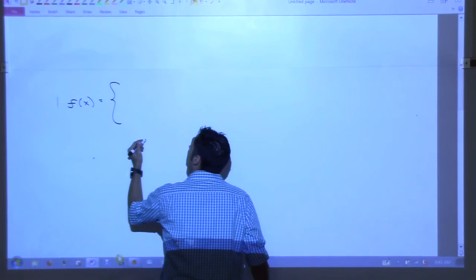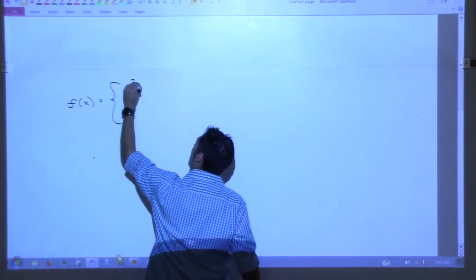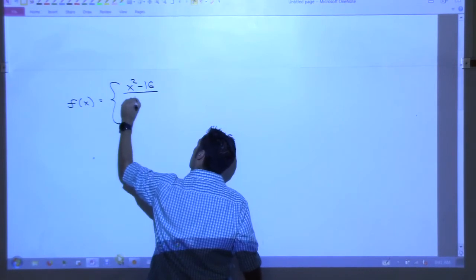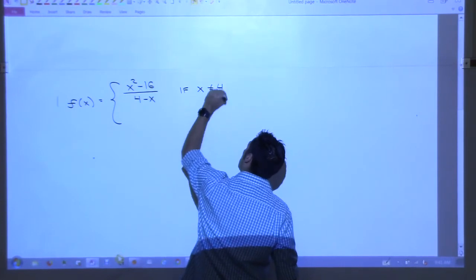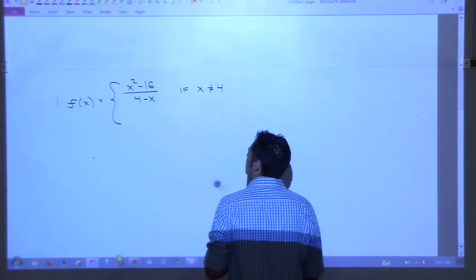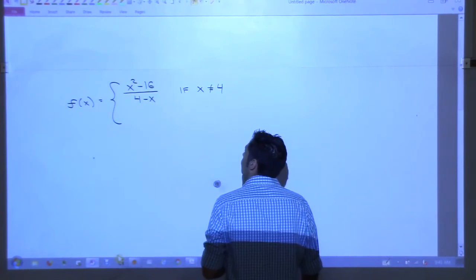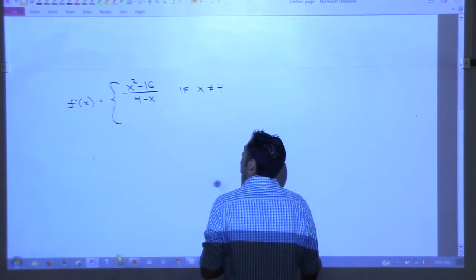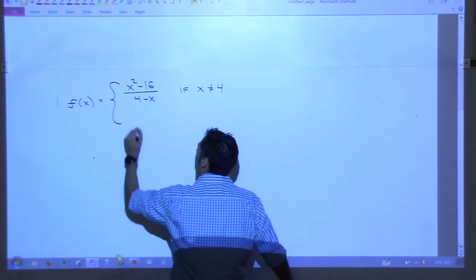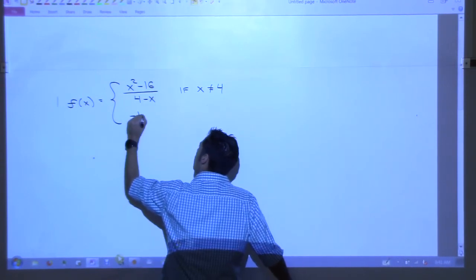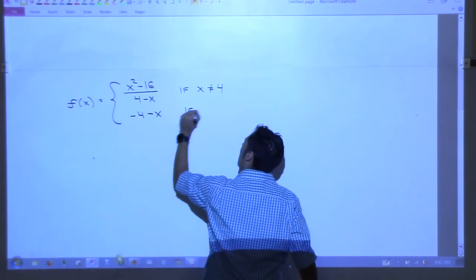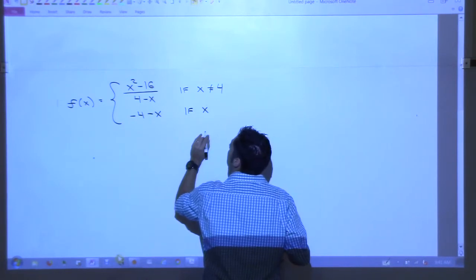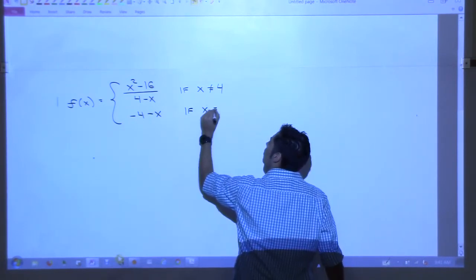How about this one? f of x is x squared minus 16 over 4 minus x if x is not equal to 4, and negative 4 plus minus x if x is equal to 4.